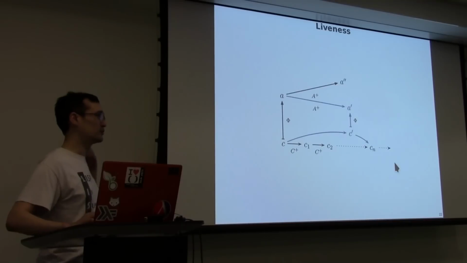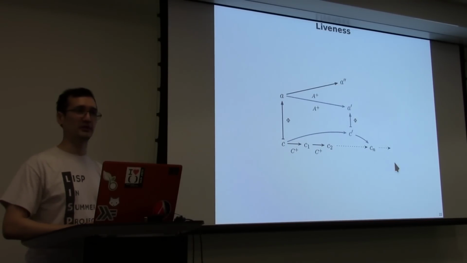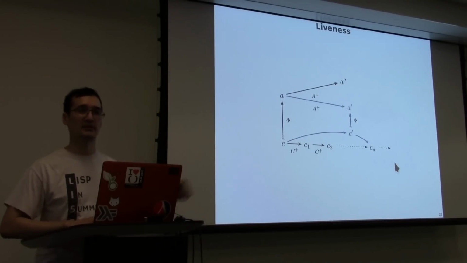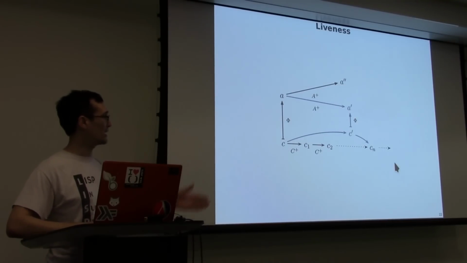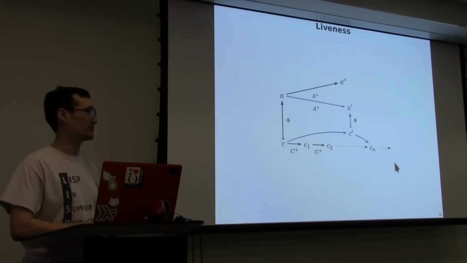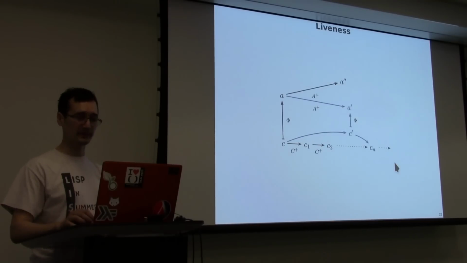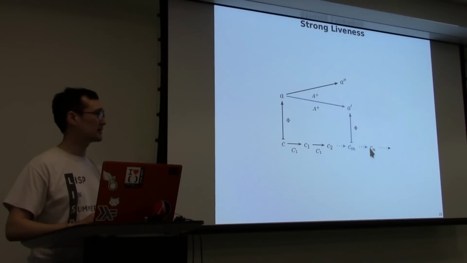I cannot do an infinite number of concrete steps without making some advance in the abstract steps. And you could even add a bound: in less than n concrete steps, I can do one abstract step. Or you can have lots of variants. And this is strong liveness, where I want to actually synchronize to one of those advanced states while I'm advancing.